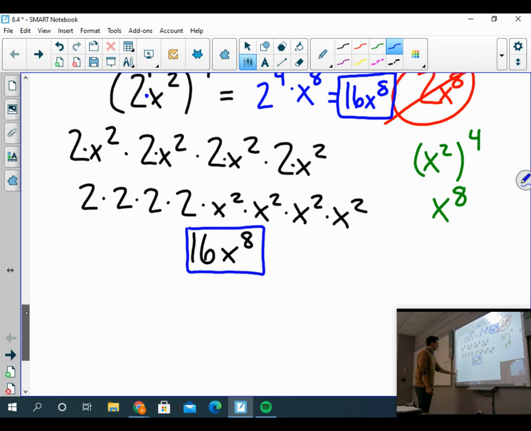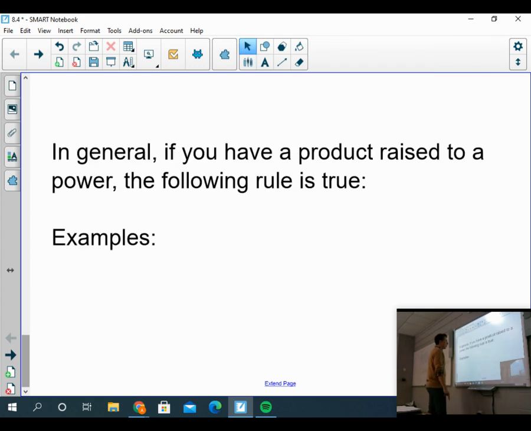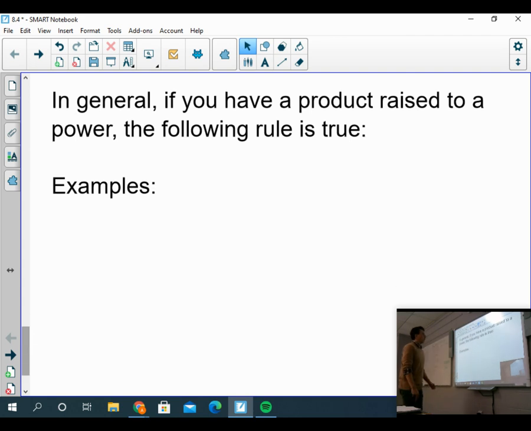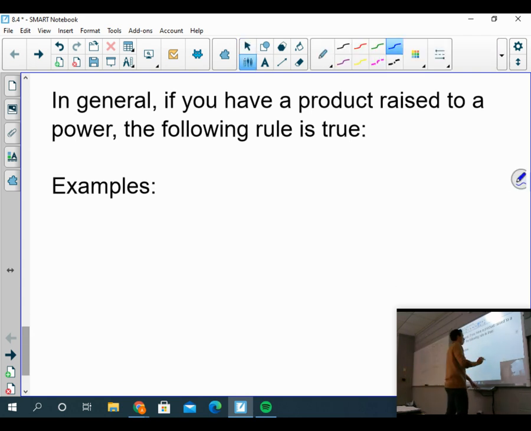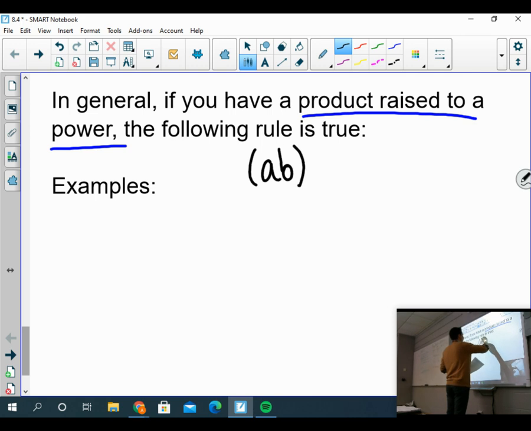What this leads us into is our next little rule for 8.4 here. If you have a product raised to a power, not a power to a power, but a product raised to a power, in general, let's say I have some number a and some number b to the n, then this will equal a to the n times b to the n.